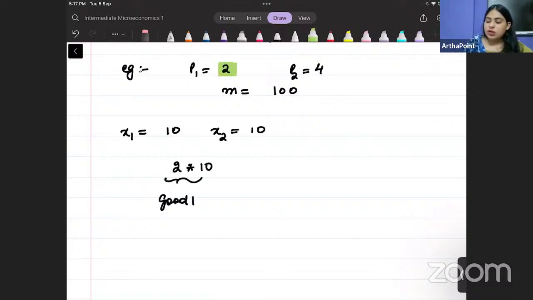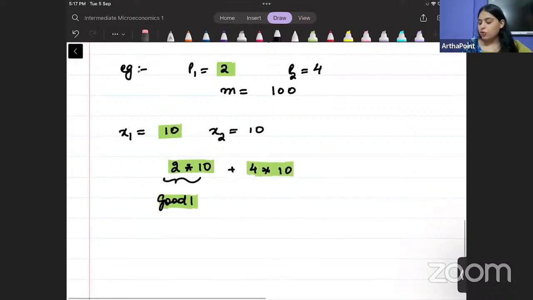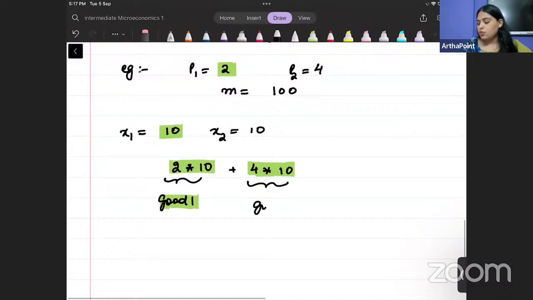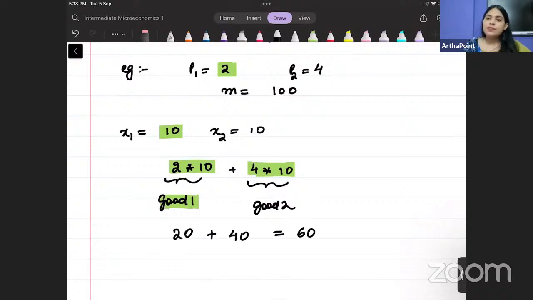Price of good into units of good, that's the amount I'm spending on good 1, plus 4 into 10. This is the amount of money I'm spending on good 2. And so 2 into 10 is 20, 4 into 10 is 40. That means I'm spending 60 rupees. 60 is less than my income. So beta, this bundle 10, 10, this is part of the budget set.